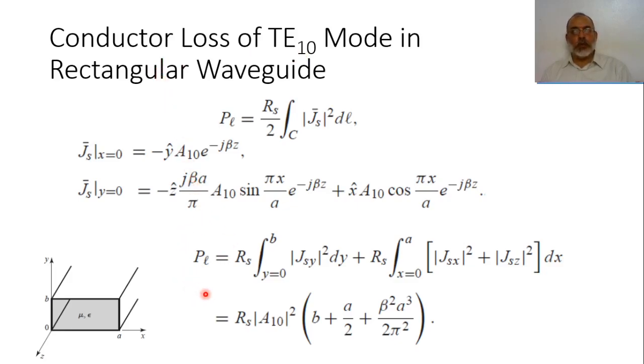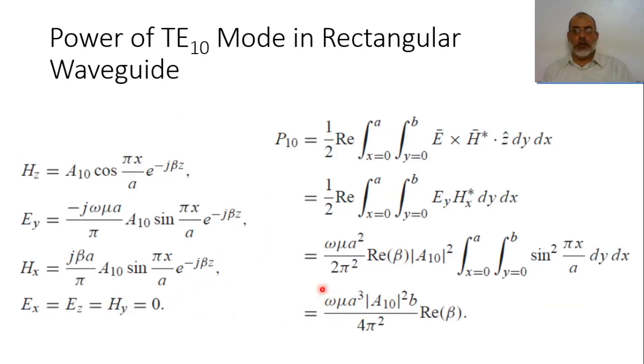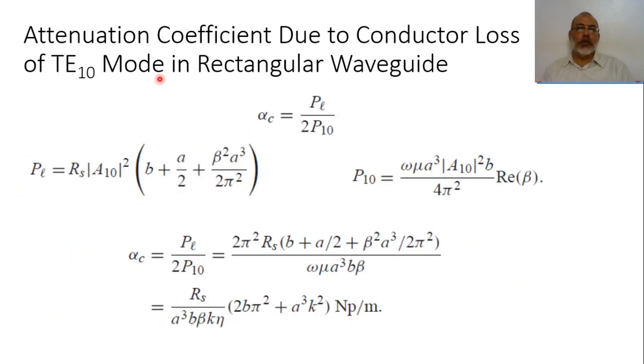Now from the conductor loss, the power losses, and previously we have obtained the transmitted power P10. By dividing power losses over 2 P10, we can obtain the attenuation coefficient due to the conductor loss. The attenuation coefficient due to the conductor loss of the TE10 mode in a rectangular waveguide is power losses over 2 P10.